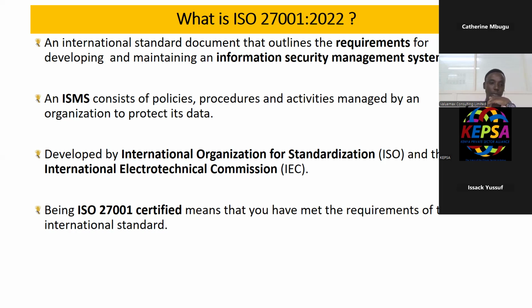Not only does it work in Kenya, it also works outside Kenya. So if you get ISO 27001 certified, it means that you have met the requirements of this information security management system. That's why you see firms are ISO 27001 certified.